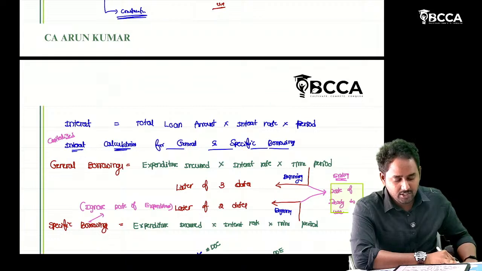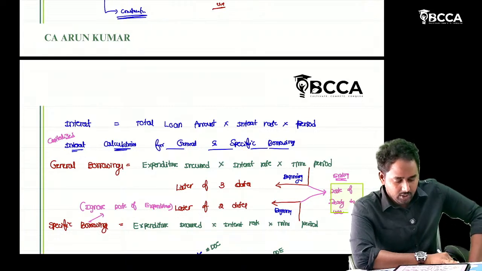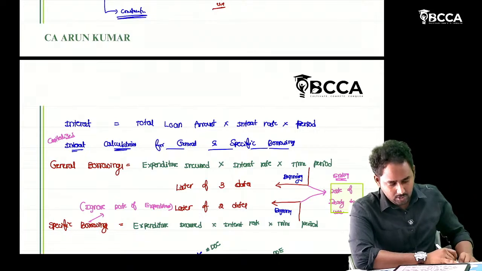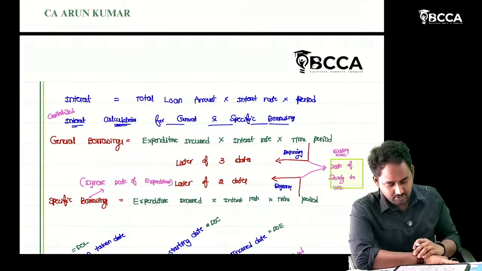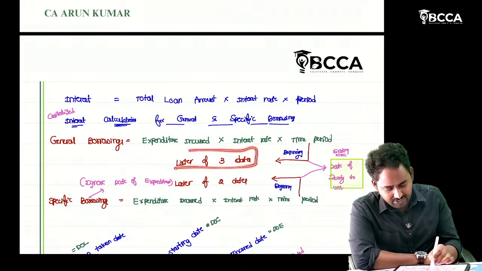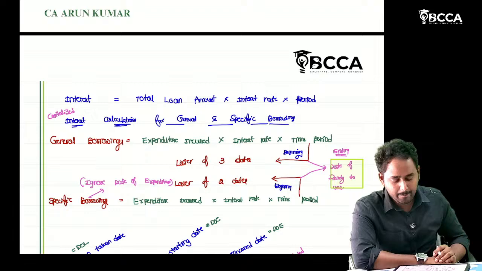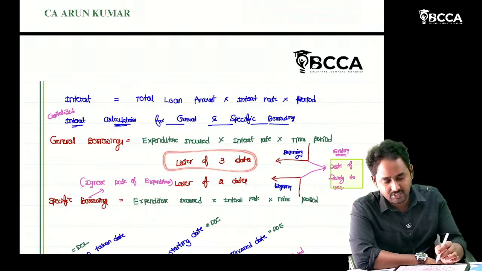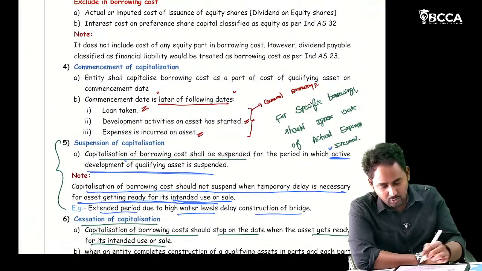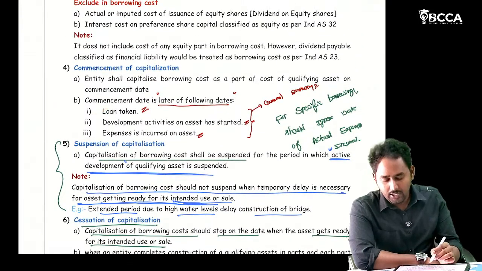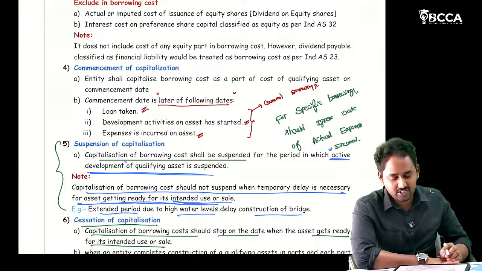What is the period of the interest? And the period is beginning from which date? The later of 3 dates. What are the 3 dates? The 3 dates are the loan taken date, the activity starting date or construction starting date, and the third date is the expenditure incurred date.